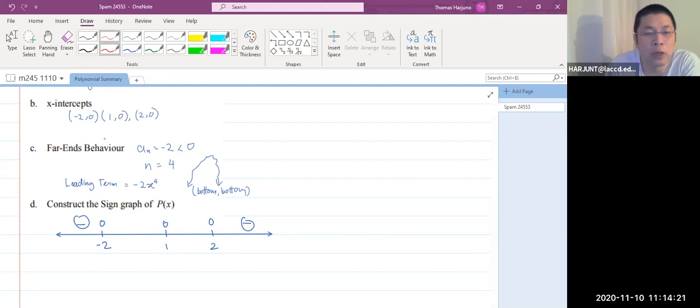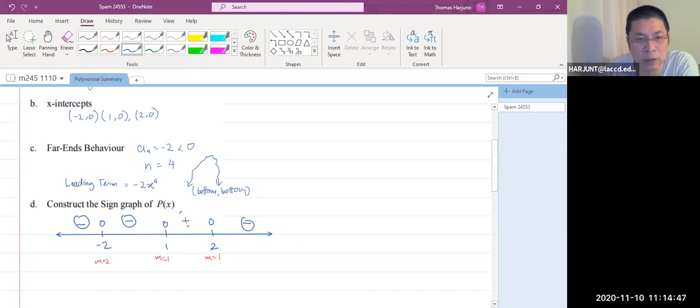Now, -2 is a zero with multiplicity of 2. It happens twice, such that the sign on the left and the right of that zero does not change. The multiplicity at 1 is 1. Multiplicity at 2 is also 1, such that the sign to the left and to the right of 1 must be different. And you can see to the left and to the right of 2 also different.